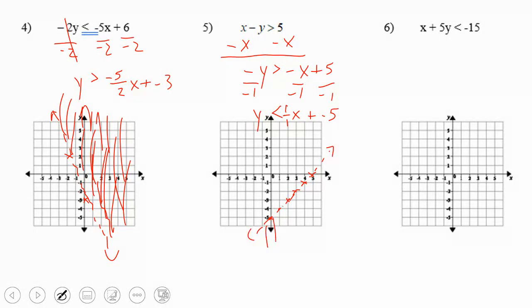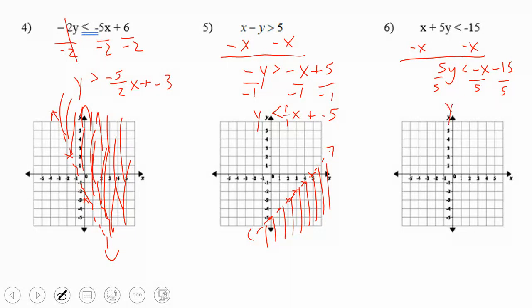Less than, so I'm graphing under the line. Number 6, subtract x. Divide everything by 5. I did not divide by a negative, so my inequality stays the same.